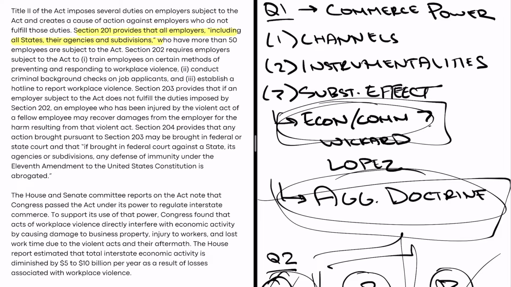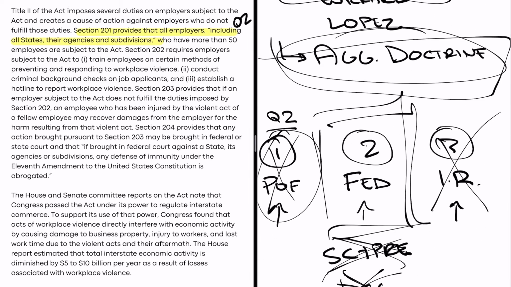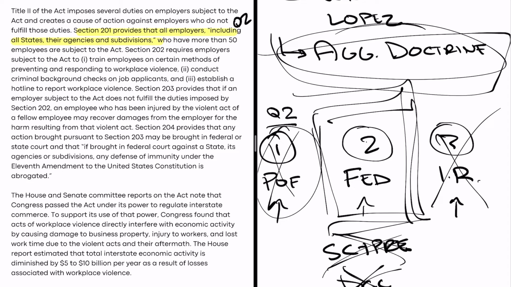Okay, so right there, this is going to our question number 2 issue. And we might be starting to see what our question number 2 federalism issue is all about. We're now seeing a federal law that provides that all employers, including all states, their agencies, and subdivisions who have more than 50 employees are subject to the Act.